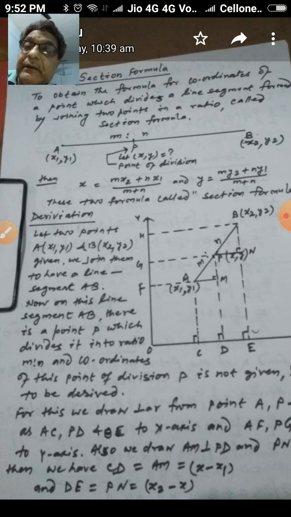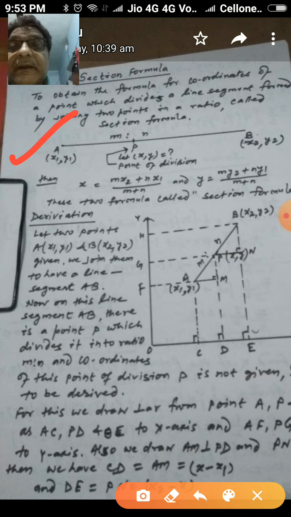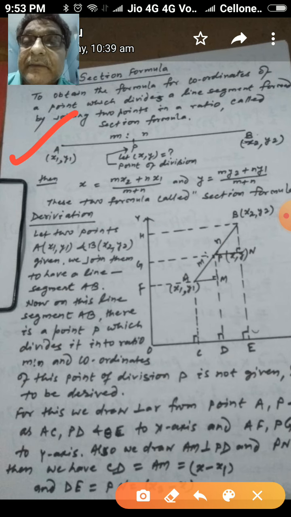It means we can define it in this way: the formula for finding the coordinates of the point of division which divides a line segment formed by joining two given points into a definite ratio is called section formula. Let us suppose two given points A and B with coordinates x1, y1 and x2, y2 respectively are given.